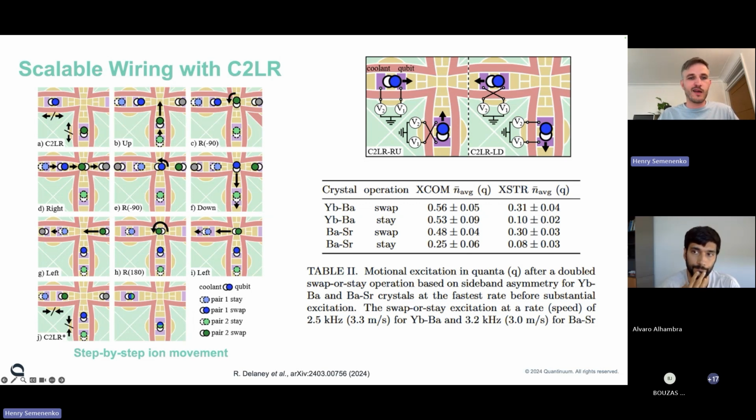And this is achieved through a method called C2LR, where the idea is that each gating zone, each qubit zone, now has a switch that can determine whether a qubit or a qubit pair wants to take part in an operation or whether it wants to stay stationary.